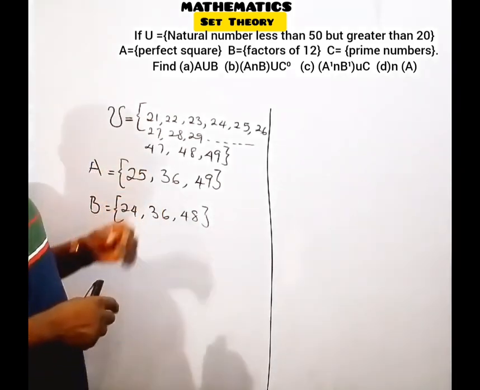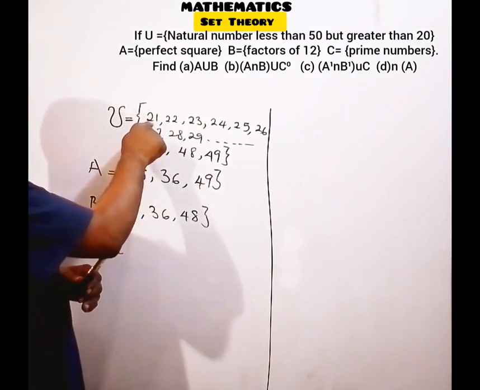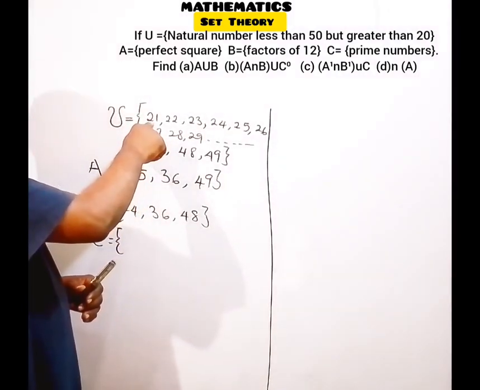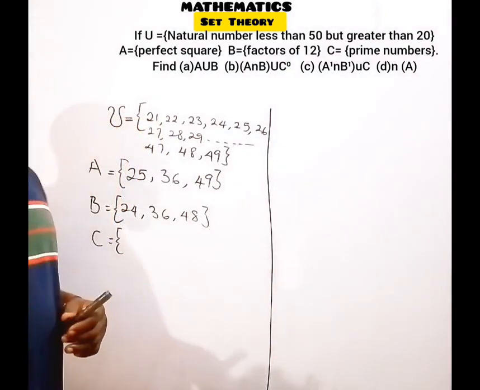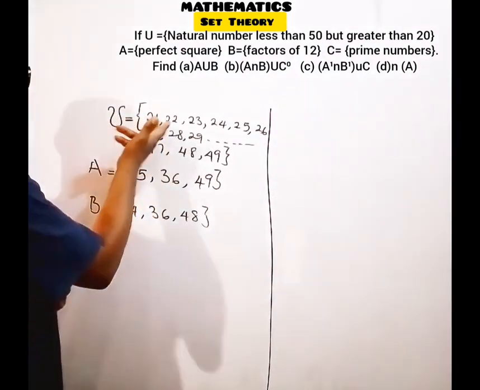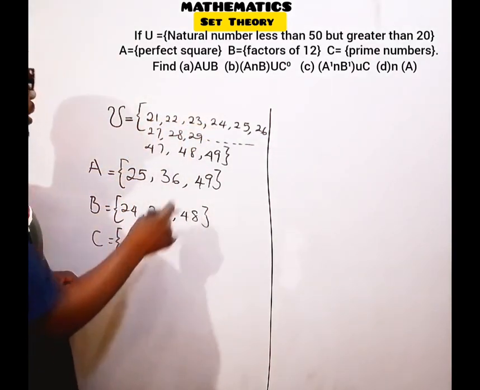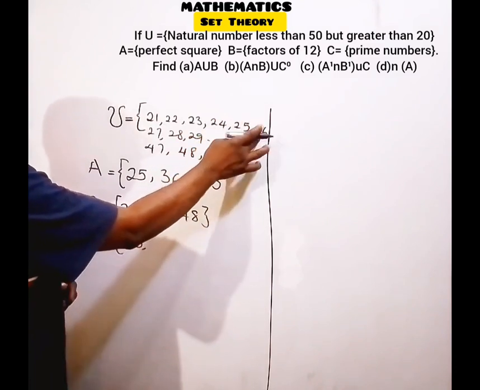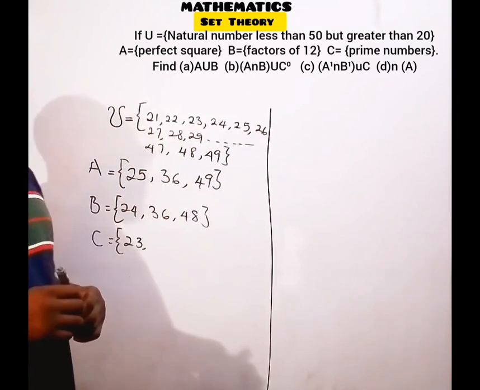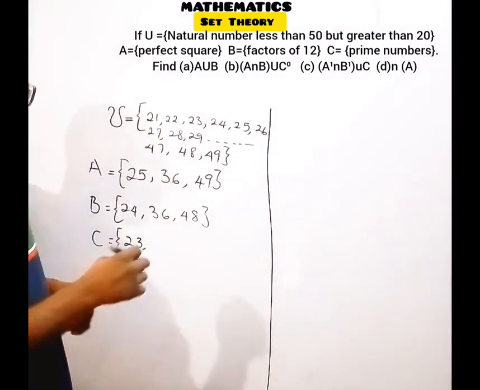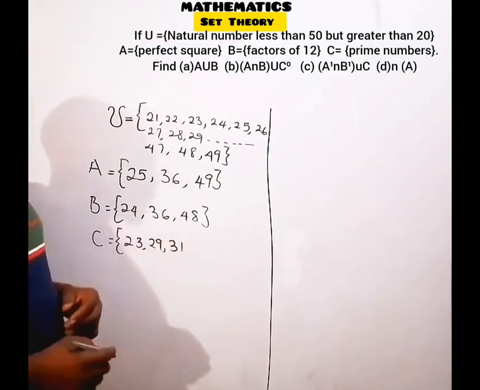Now, those set of numbers from here could be, if you look at this 27 now, 21 now, 21 divided by 3, you can have 7. So you cannot use this. 23 is one of the prime numbers there. 23, 24 no, 25 no, 26 no, 27 no, 28 no, 29. What about 29? Oh, 29 is another prime number there. We have 31 again.